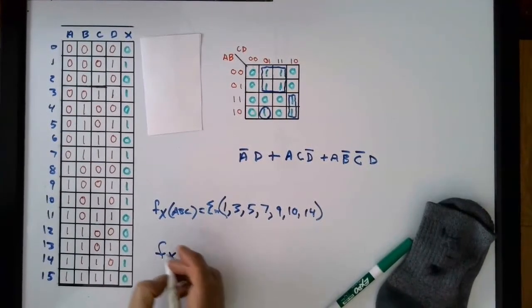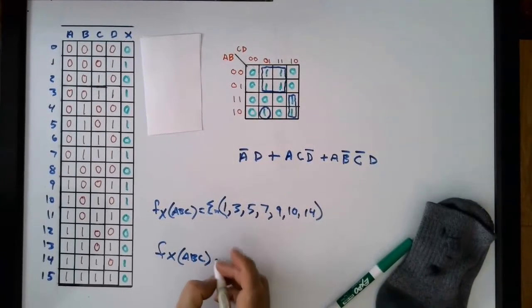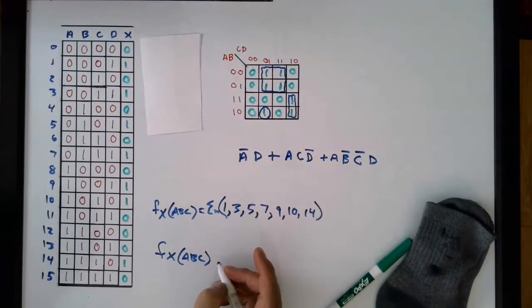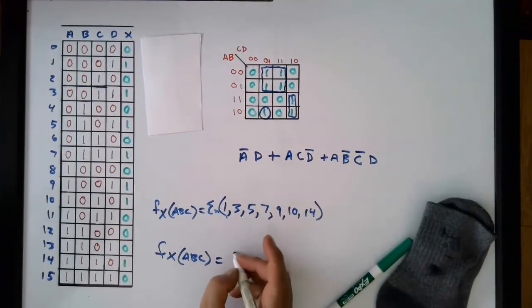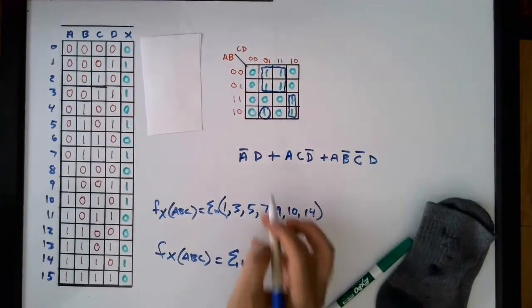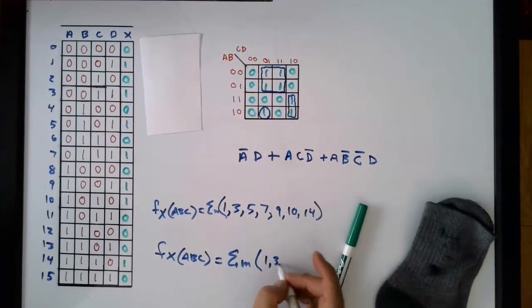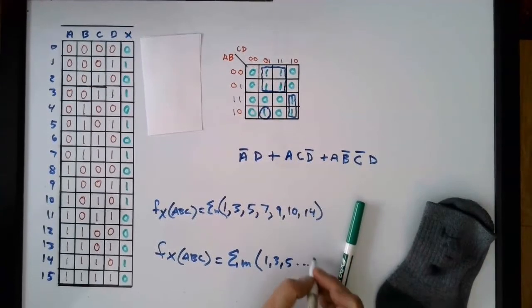So we have f of x of inputs A, B, and C equals the summation of what are called the min terms, which are each of these individual terms, and then we'd have these numbers here, 1, 3, 5, etc.